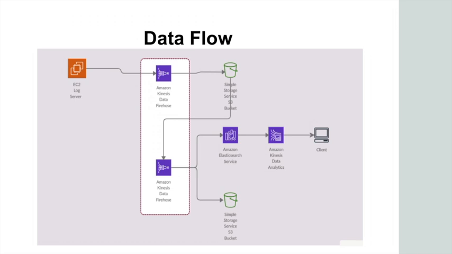If the end users want to do some analytics, we can use Amazon Kinesis data warehouse to analyze this data, and then our system allows the analyzed data to also be stored in S3 for further use. Another way, we can use Elasticsearch to send the data to our end users, and they can see it.